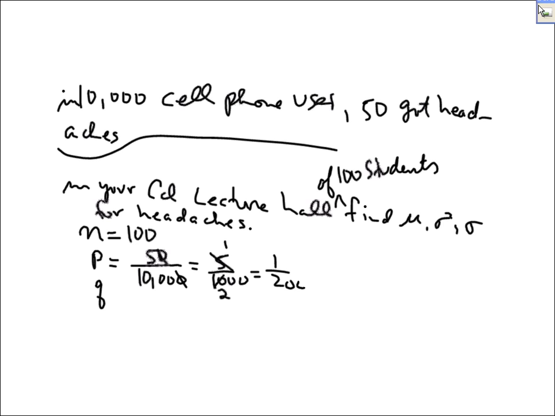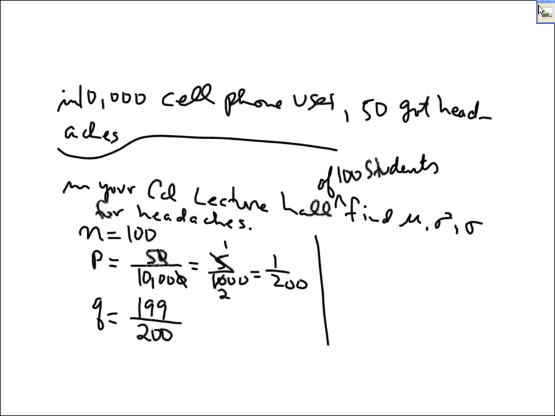So the probability of getting a headache is 1 in 200. So what's the probability of not getting a headache? Well, if in 200 people, 1 gets a headache, I suspect 199 did not.